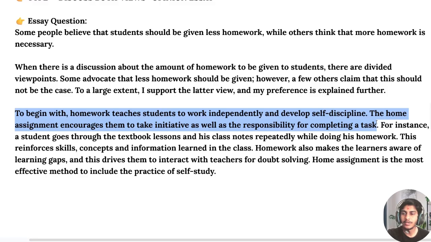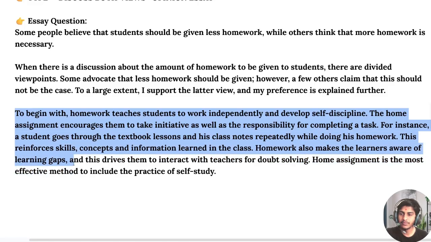For instance, a student goes through the textbook lesson and his class notes repeatedly while doing his homework. This reinforces skills, concepts and information learned in the class. Homework also makes learners aware of learning gaps. So this drives them to interact with teachers for doubt solving. Home assignment is the most effective method to include the practice of self-study.